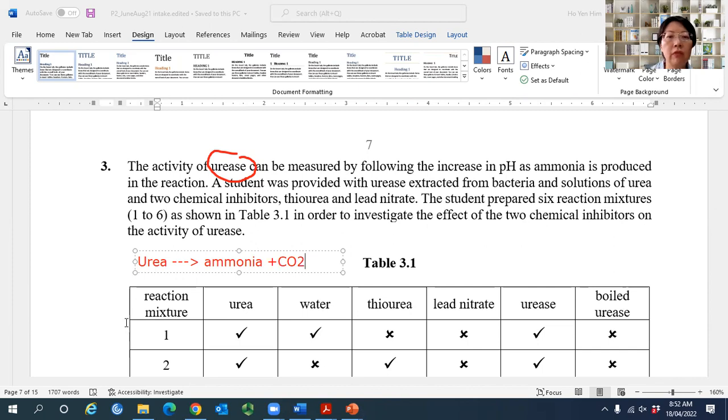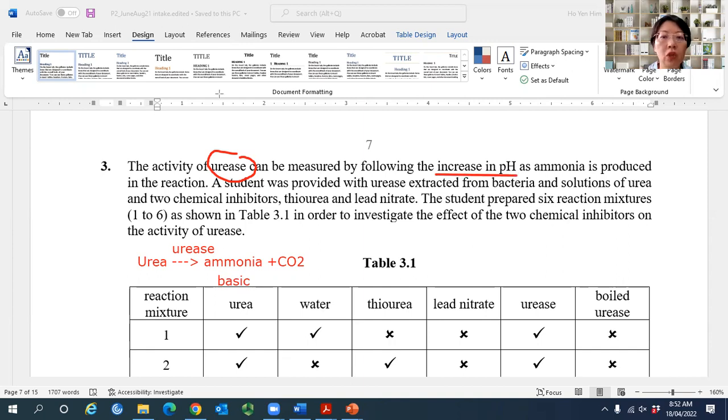So this is a reaction catalyzed by the enzyme urease. It's good that you write this every time when it's an enzyme catalyzed reaction: write the equation, write the enzyme, so you know it clearly. Ammonia is basic, so it will increase the pH of the reaction mixture when ammonia is formed.